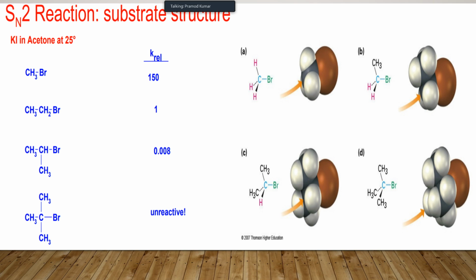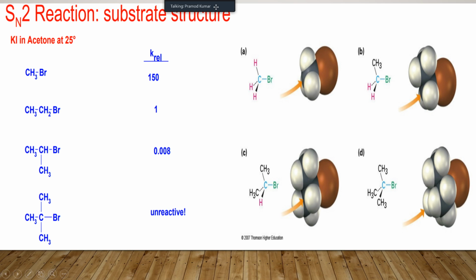Now for the secondary alkyl halide, the reaction is still slow, and your tertiary alkyl halide will not undergo nucleophilic substitution reaction.